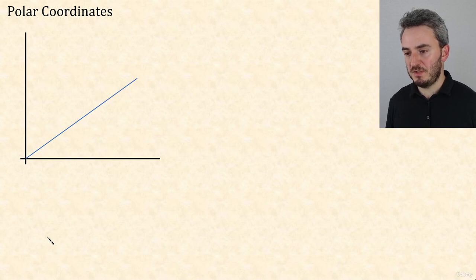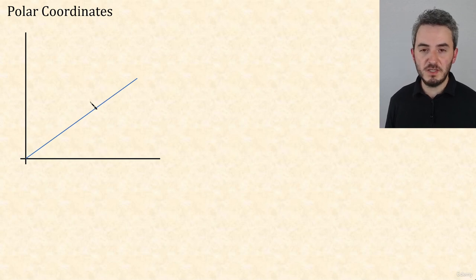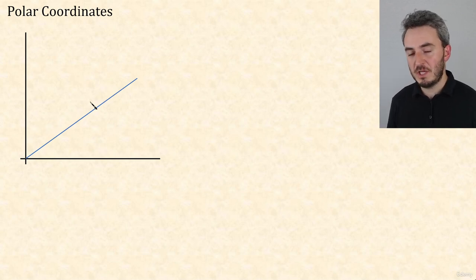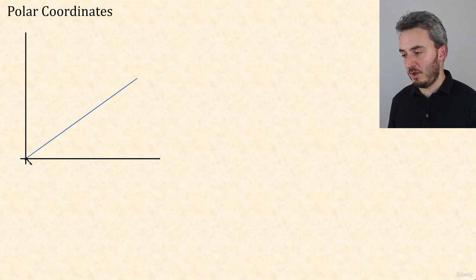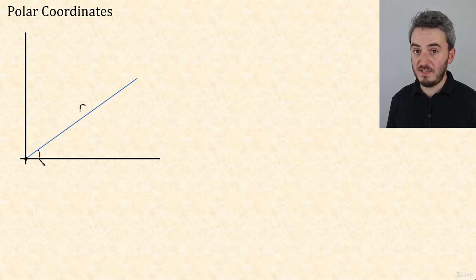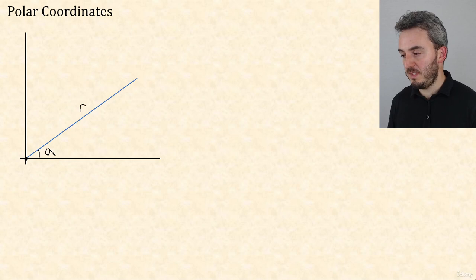In polar coordinates, instead of defining an x value in terms of a y value, or a y in terms of x, or x and y in terms of anything else, we focus on the distance from the origin, which we call r, and an angle made with the x-axis, or the initial line as it's sometimes called, which we call theta.